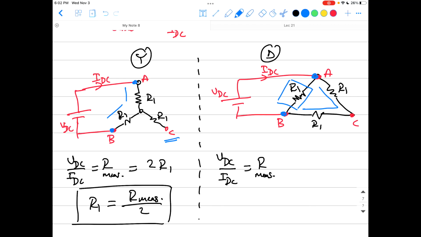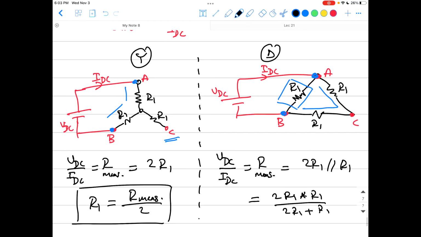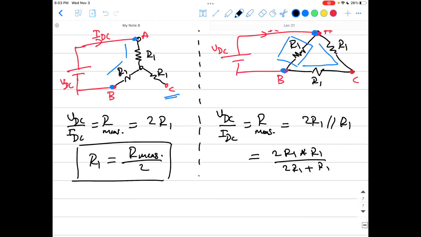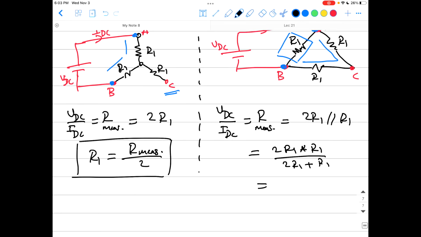Okay, so this guy here will be 2R1, which is two of those in series, and that is in parallel with another R1. And to find the equivalent of two parallel resistances, it is 2R1 multiplied by R1 over 2R1 added to R1. This will give you 2 over 3 R1.